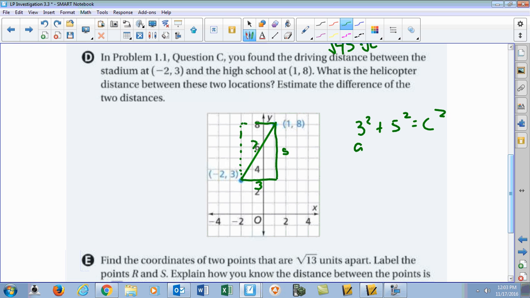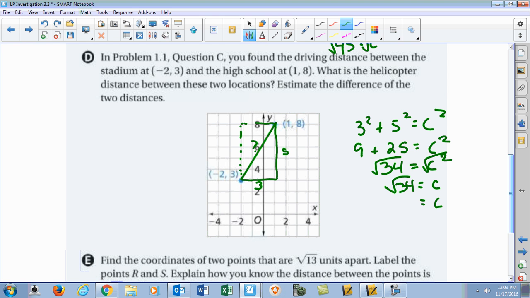So 3 squared is 9. 5 squared is 25. And 9 and 25 is 34. So again, to isolate c, I'm going to square root both sides. So the square root of 34 is c. And again, if we want to break that down, I know that 6 squared is 36.